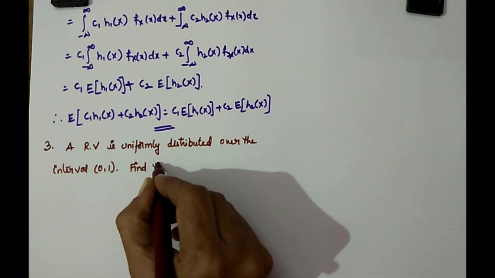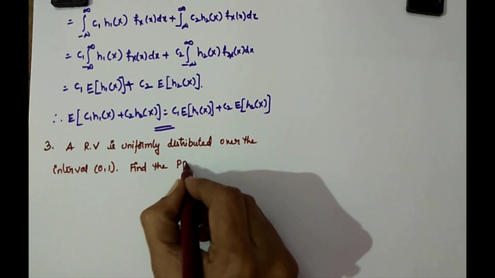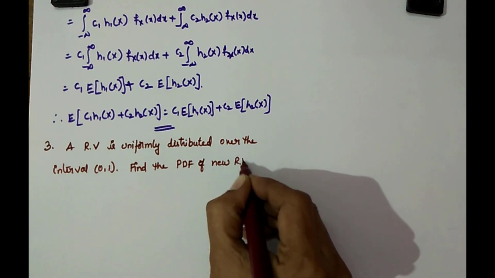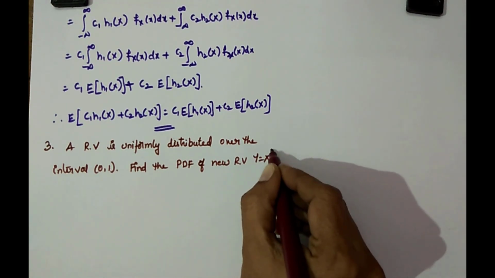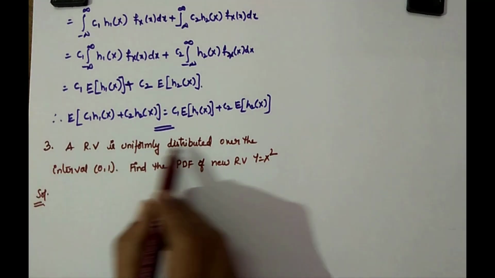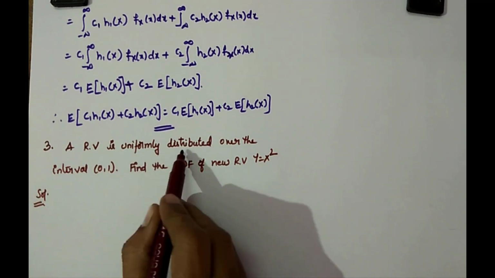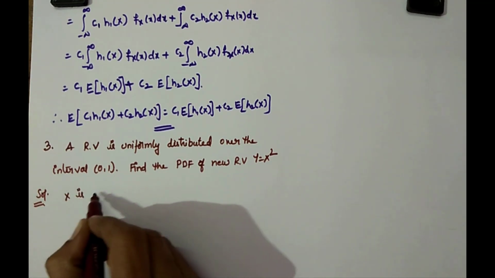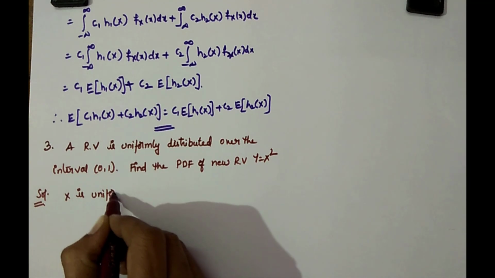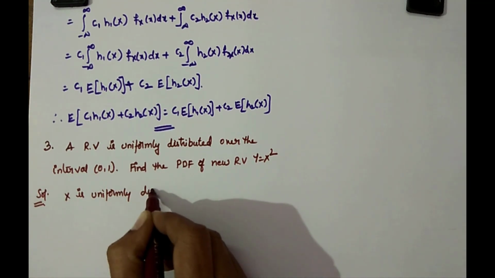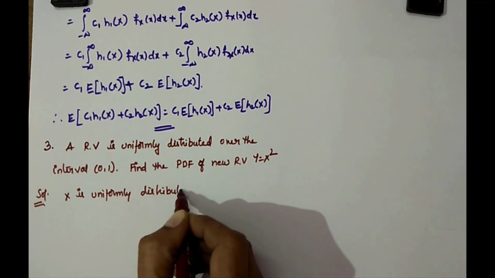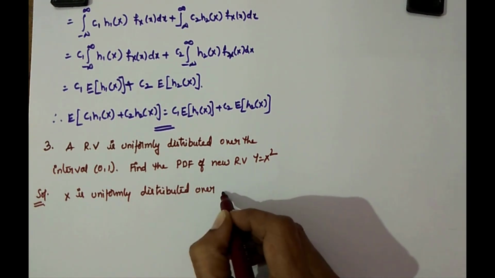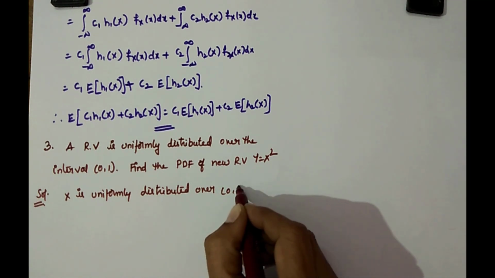Find the PDF of the new random variable y equal to x square. First, what is the random variable? X is the random variable and it is uniformly distributed. So, the random variable x is uniformly distributed over 0, 1.